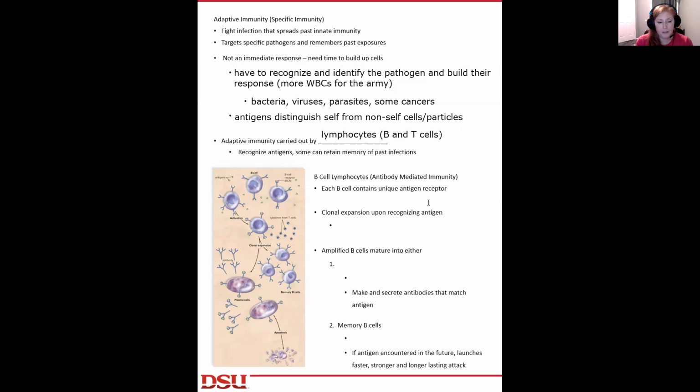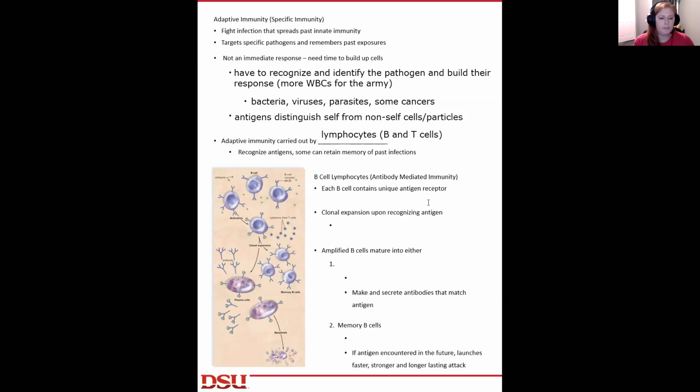When a memory B cell finds the invader that it recognizes, it chemically binds to it, and then that B cell replicates and makes copies of itself. That process of making copies is called amplification.